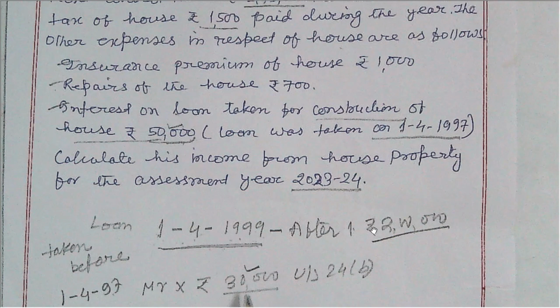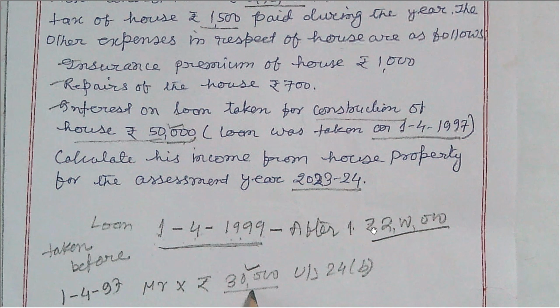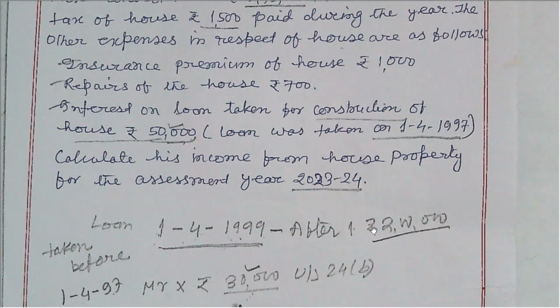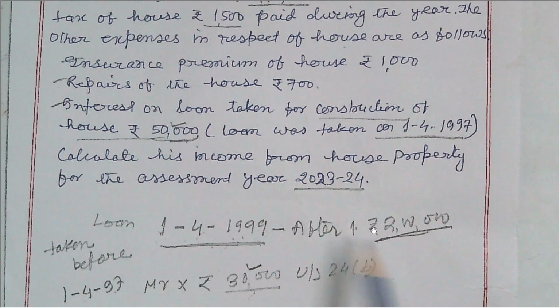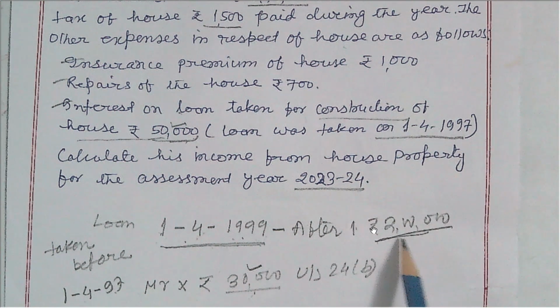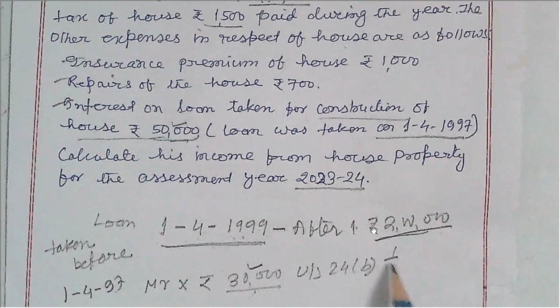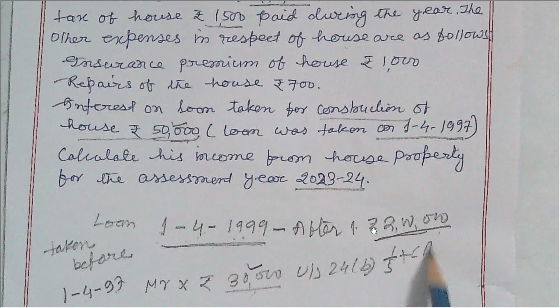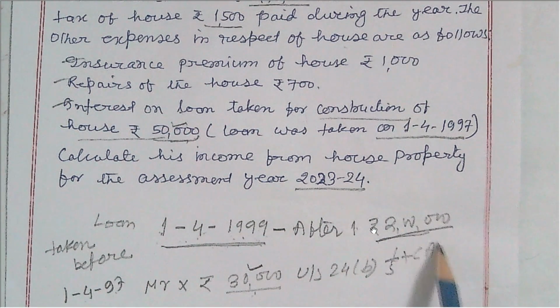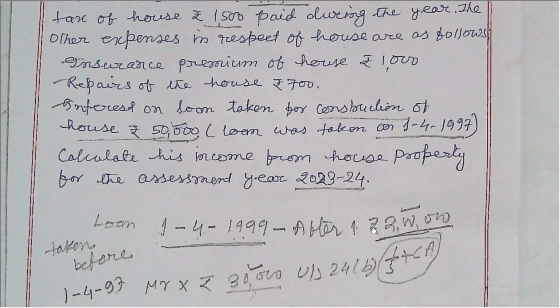So this 30,000 rupees is including pre-construction period interest and current year interest, and this 2 lakh rupees is also including pre-construction period interest, which is 1/5, plus current previous year interest amount. Together the amount cannot be more than rupees 2 lakh as interest on loan eligible for deduction.